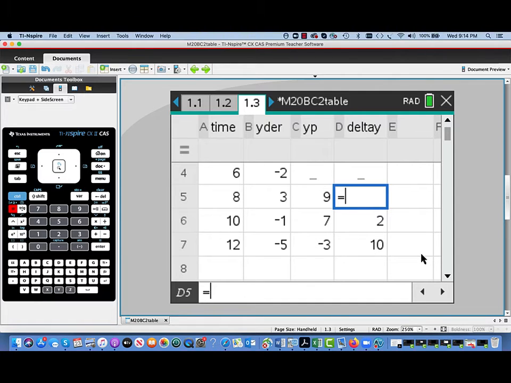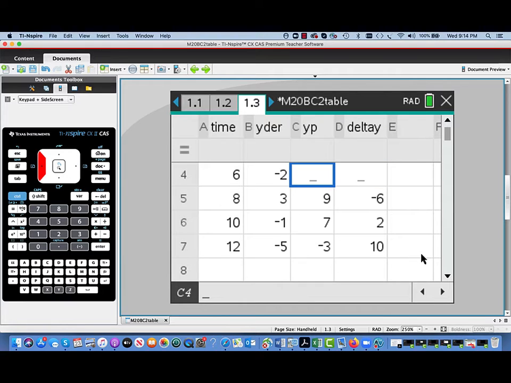At time t equals 8, our derivative is 3. So we'll multiply 3 times our step size of -2 to get our delta y. We'll add that to our previous position of 9. So I'm adding C5 and D5. 9 plus -6 is 3. And we've got one more step to take to get to t equals 4.